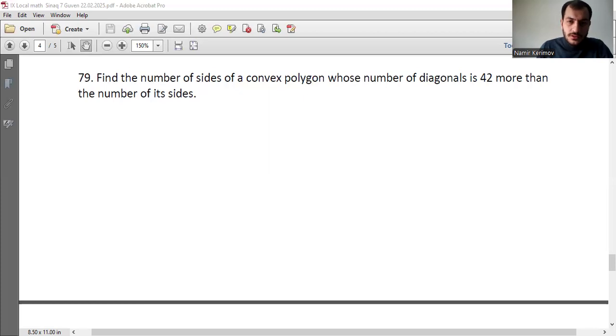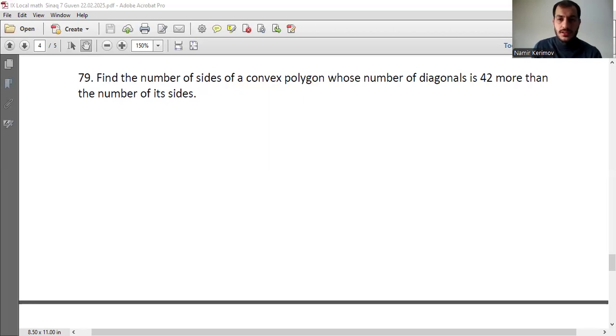So the equation is n squared minus 5n minus 84 equal to 0. So the factors of 84 maybe 12 and 7. Negative 12, the sum is negative 5, that's it.